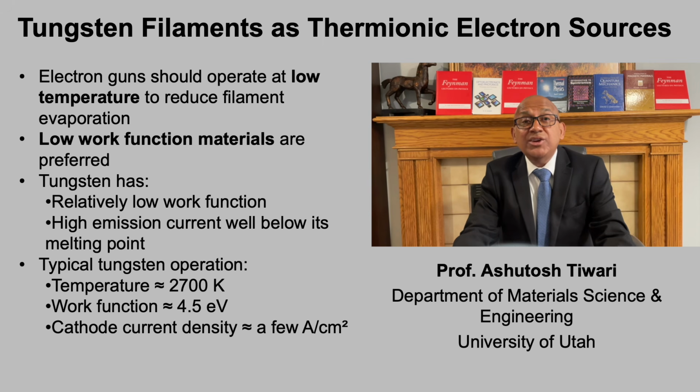To achieve useful emission at lower temperatures, the material must have a low work function, meaning electrons can escape the surface more easily. Tungsten is commonly used because it satisfies this balance well. It has a relatively low work function and can produce a useful electron current at temperatures well below its melting point, making it mechanically stable and reliable. In practice, tungsten filaments operate at temperatures around 2700 Kelvin, where they produce cathode current densities on the order of a few amperes per square centimeter.